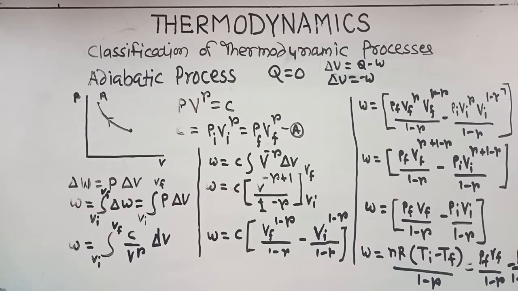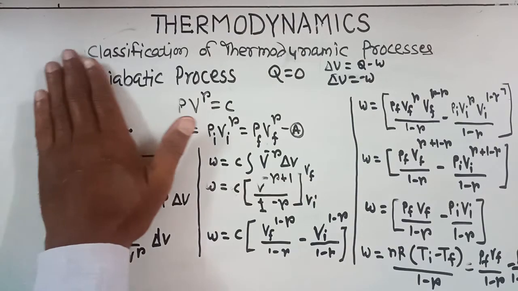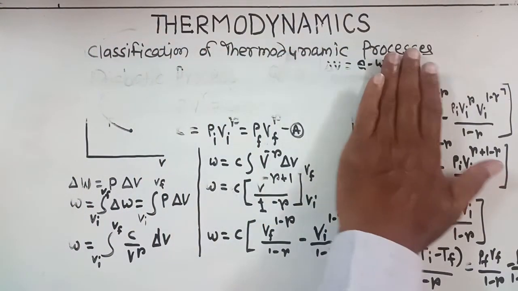This equation tells us that when the volume is increased, the temperature decreases, and when the volume is decreased, the temperature increases. This is all about the adiabatic process.